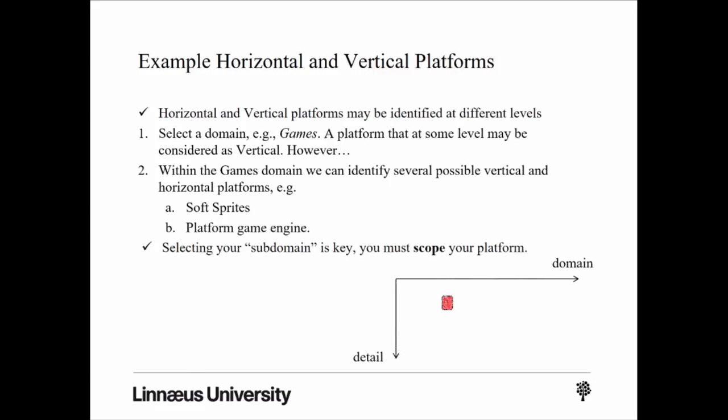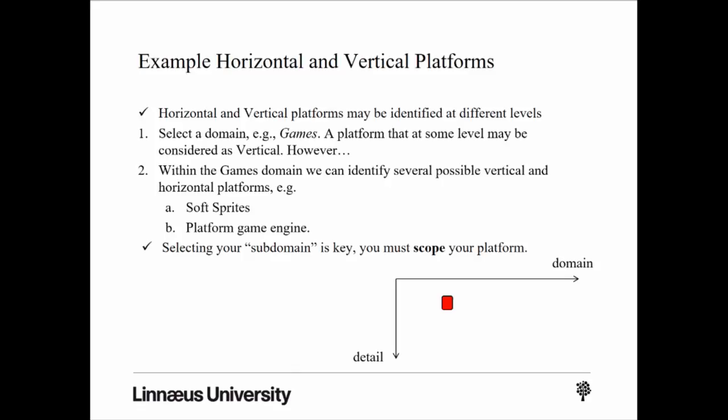So what's important here when you work with reuse is that you scope your platform, or you scope your product line platform, so that you can control the variability within this little red box here. That is your scope.